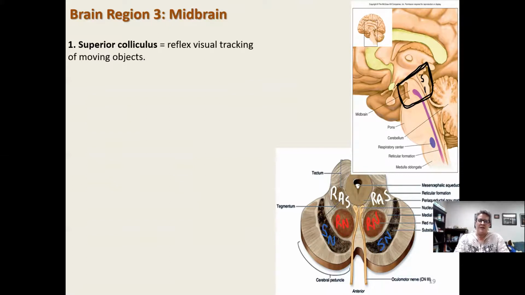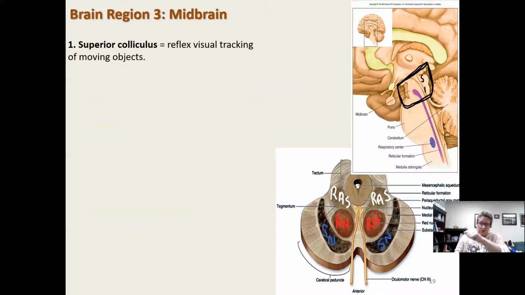You don't think about it on a daily basis, but when you're driving your car and you see someone coming towards you and they're starting to veer into your lane, your superior colliculus is getting the visual information, and it's going to stimulate an emergency response by you, an autonomic response, which is to avoid getting hurt. So when a car starts veering into your lane, you get out of the way.